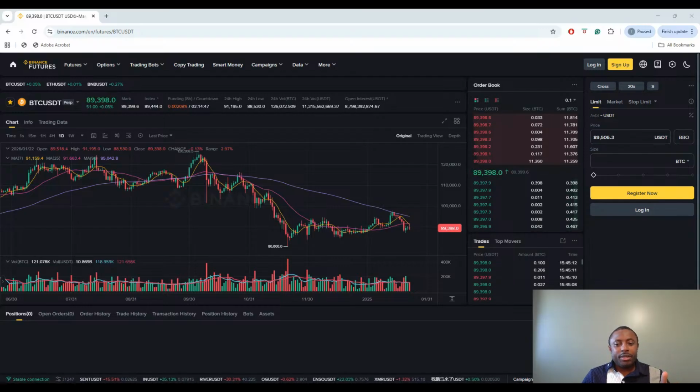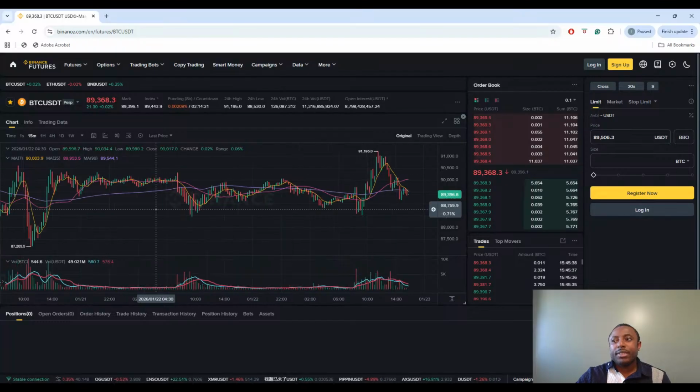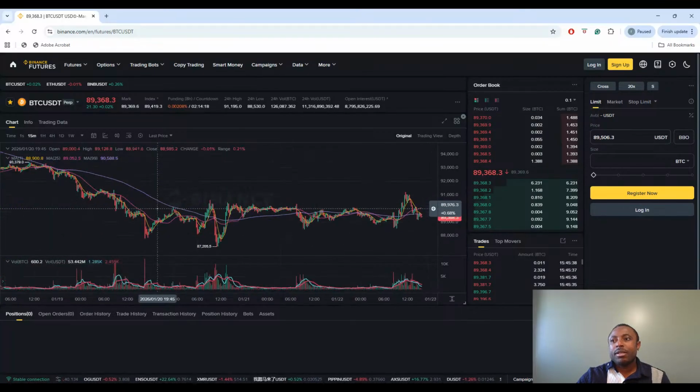So it could be the 1 minute, 5 minutes, 15 minutes, 30 minutes, an hour, 4 hour, or daily time frame. Now, here, the time frames are represented by time. So if you go on the chart, you see time. So this is the 15 minutes time frame.